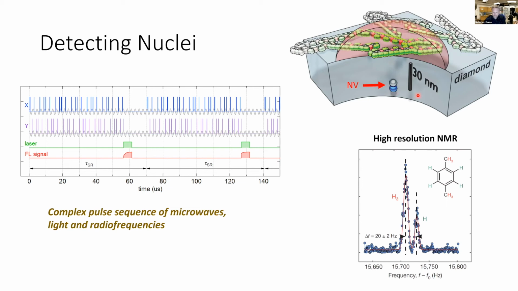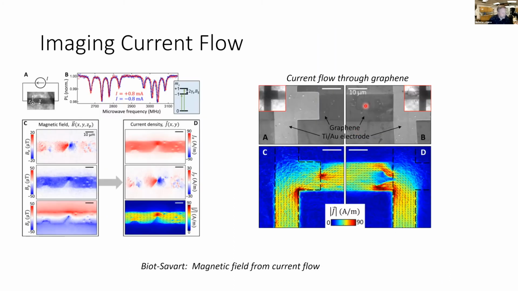And here's another really cool example. I think someone was saying that some of you have had the physics 9 series. So you know about the Biot-Savart law, right? If you have a current flow, there's going to be a magnetic field created by it.